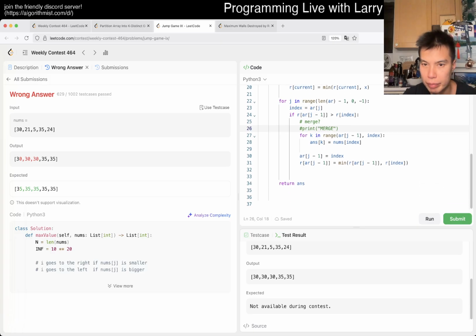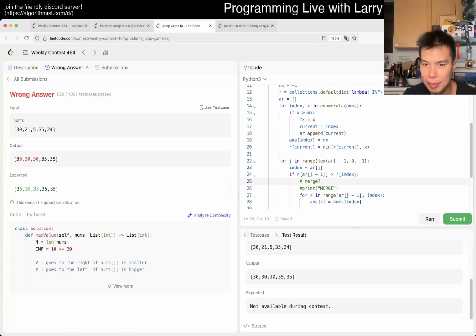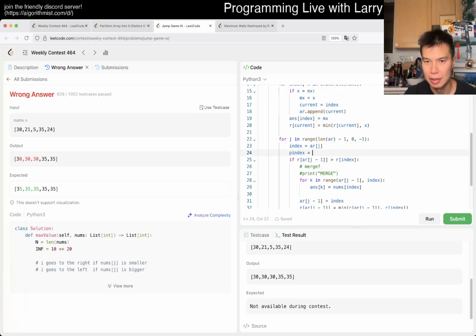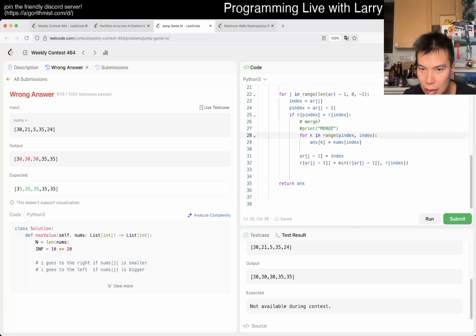So, I don't like the setup I have here, but it is what it is. Pre-index is go. I should have done this to begin with. No, this is this I need to.